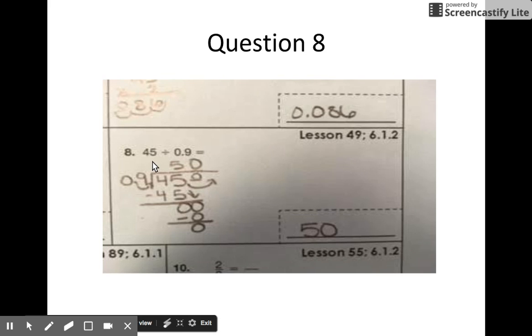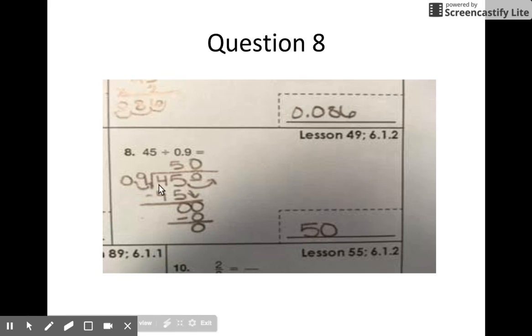Question 8. I'm going to take 45 divided by 9/10. Remember, you cannot divide by a decimal, so you need to move the decimals in both numbers. We have to make 9 a whole number, so I move it once. Since I moved it once on the outside, I must move it once on the inside. Since there's an open swoop, I add a 0.